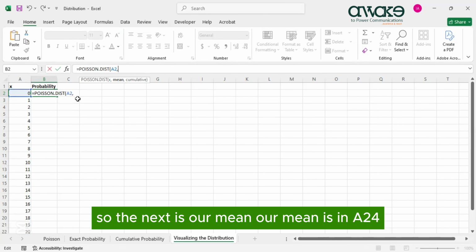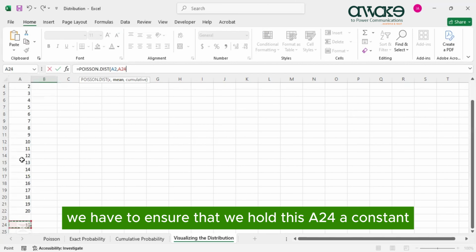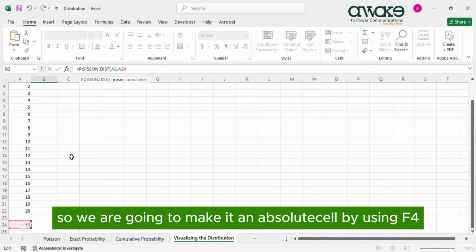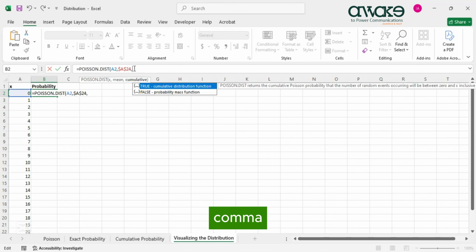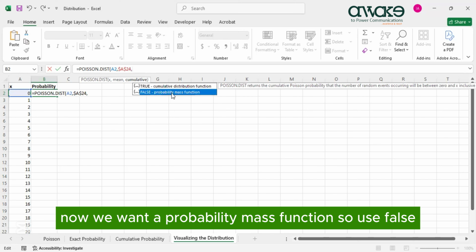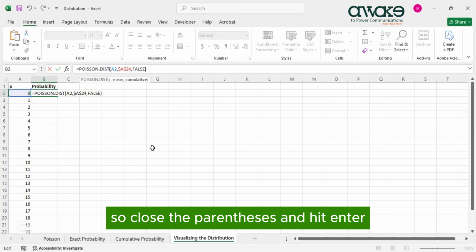The next is our mean, and our mean is in A24. But again, we have to ensure that we hold this A24 constant, so we are going to make it an absolute cell by using F4. Comma. Now we want a probability mass function, so we'll use false. Close the parentheses and hit enter.